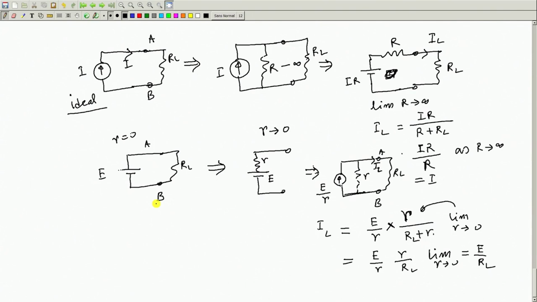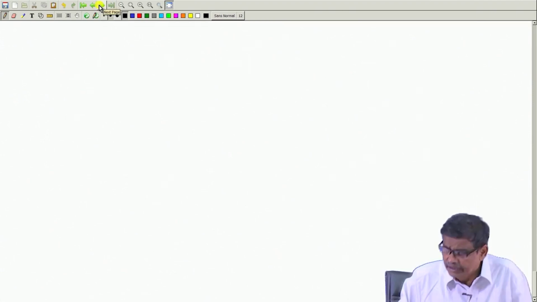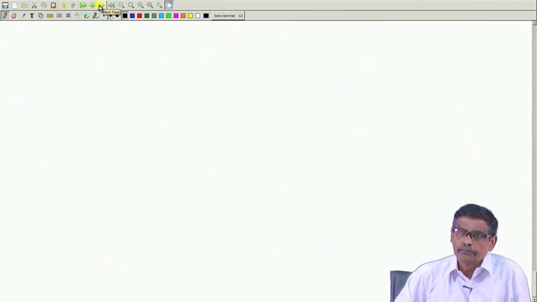If somebody insists, no, convert it and try to do it, then imagine there is a series resistance R. So, this you can then do E by R parallel R, find out whatever network is connected across A B, solve the currents in that network, and then do not forget to take the limit that R tends to 0, you will get the same result. Anyway, I have made my point, you have understood that. Therefore, this can be solved.